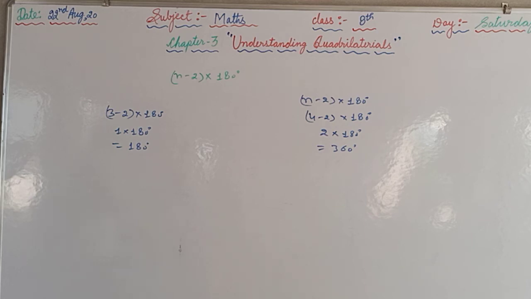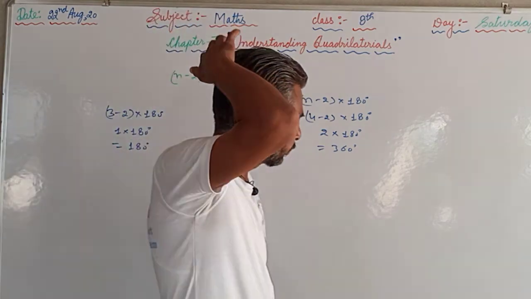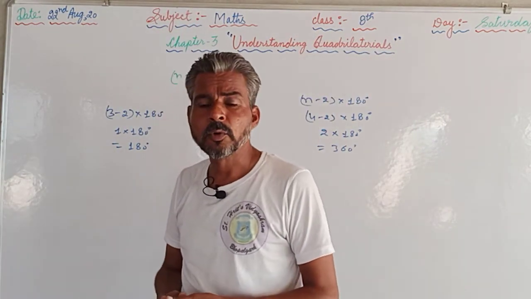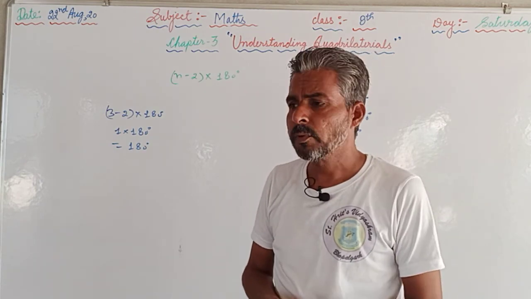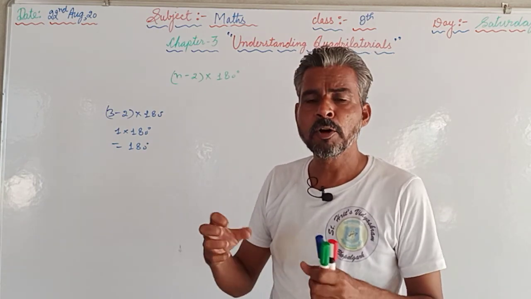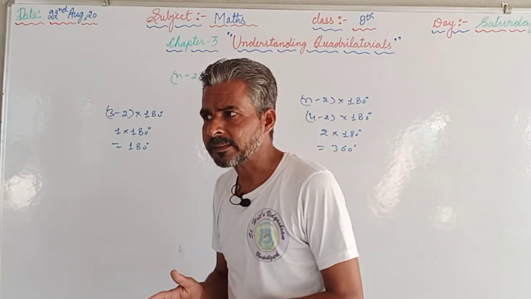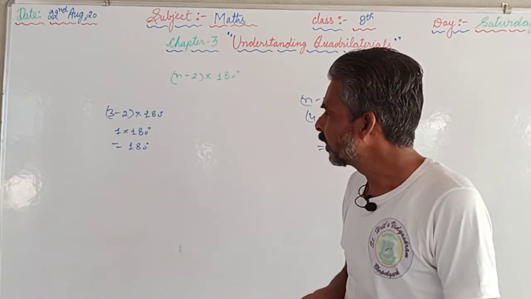What is a regular polygon? A polygon is a closed figure. So what is a regular polygon? If all the sides of the polygon are of the same length, then we can say that the polygon is regular.